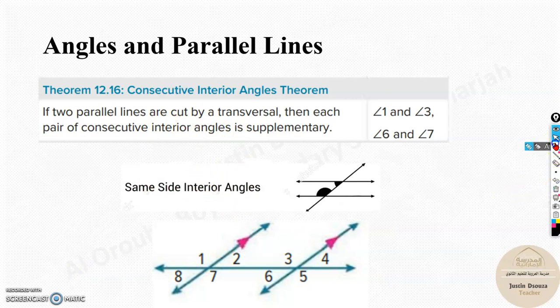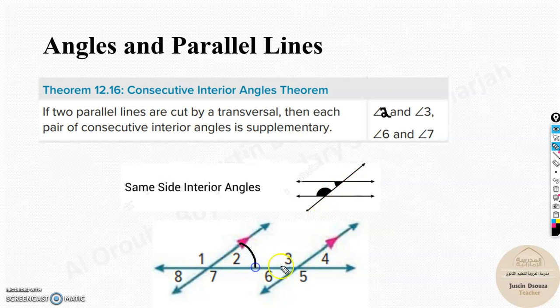There is an error over here. I apologize for that. I'll change this and edit it later on. This is supposed to be 2 over here. 2 and 3 are consecutive interior angles. 7 and 6 and 7, this is correct.